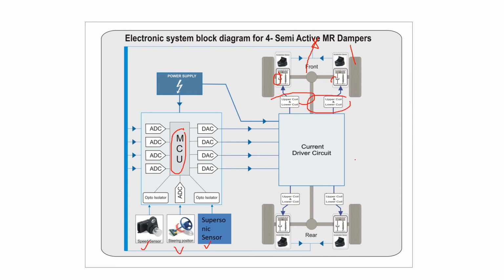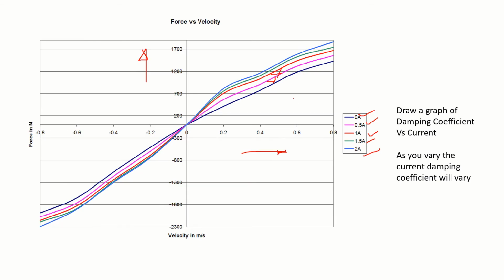These signals will go and decide what current should be supplied, depending on the table which I had explained. Depending on the condition, they can change the rheology and make it hard, soft or medium, depending on the requirement. As you have seen in the characteristic, when the current value changes, the damping coefficient changes.